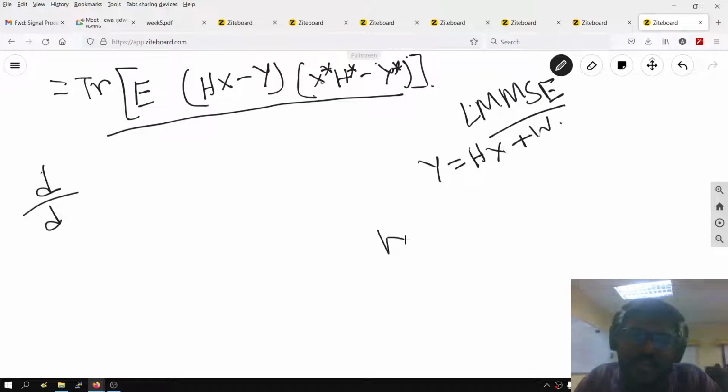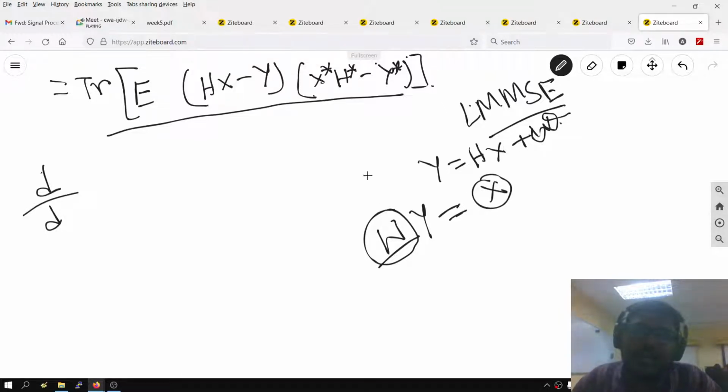So we design an equalizer, that is small w, and multiply it with the receiving vector y, and we say if we do this linear transformation, it gives x. So if I multiply this matrix w with y, it will give me the x. So that is the thing we have to minimize here.